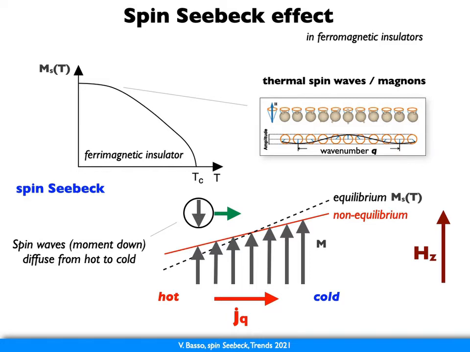Therefore, if we put a temperature gradient, the hot part will have a lot of thermal magnons, and this number will be less on the cold side. Therefore, they will diffuse, exactly like hot particles diffuse in a gas. As a result, the magnetization distribution as a function of the thickness is not the equilibrium one. It will be different. This non-equilibrium effect is what is driving the injection of a magnetic moment current into the metal.